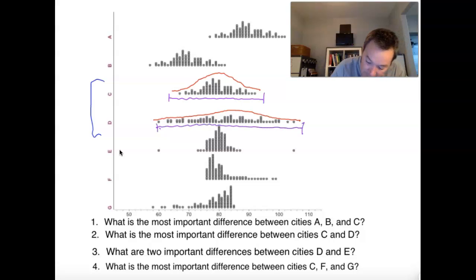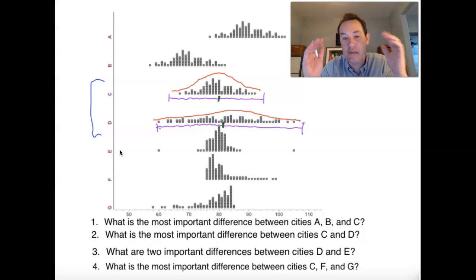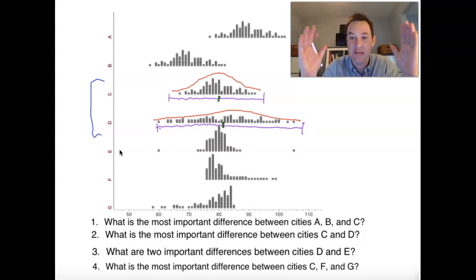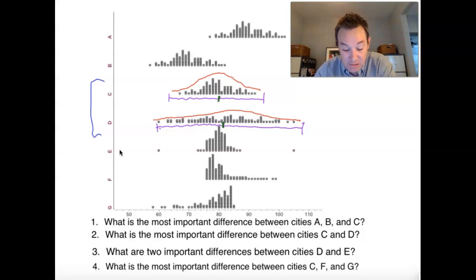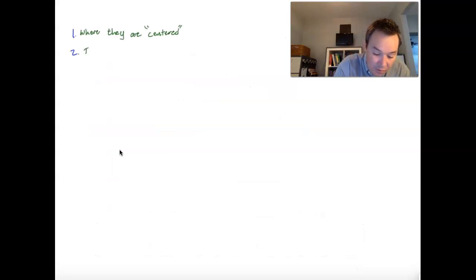If we look at their center, I would say they're roughly the same. They're both roughly centered around here, near 80 degrees or so. But city D, there's much more variability in temperatures throughout the year, whereas C is much less variability. So variability is something that we call spread of a distribution. So I would say the spread of temperatures.